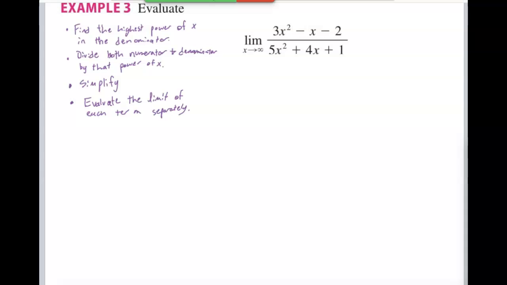All right, so for this one, the highest power of x in the denominator is x squared. So I'm going to take my numerator and my denominator, and they're both getting divided by x squared.